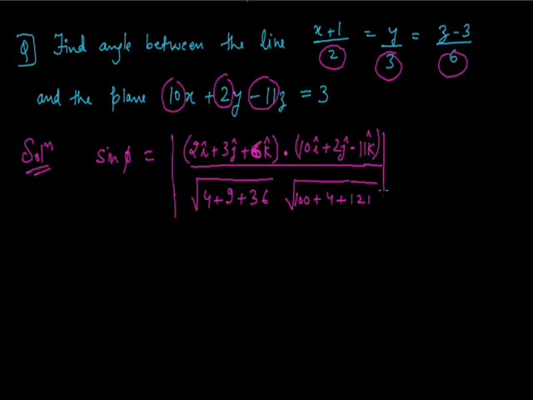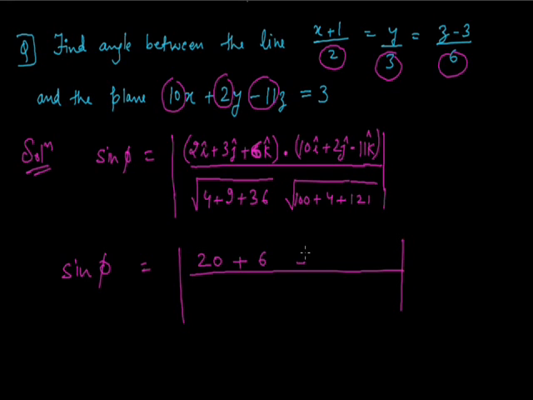So sine phi is going to be mod of 2 into 10, 20, plus 3 into 2, 6, minus 6 into 11, 66, whole upon under root 49 into under root of 100 plus 4 plus 121, that is 225.